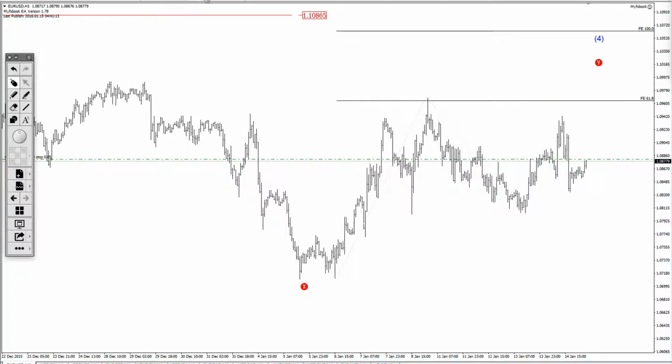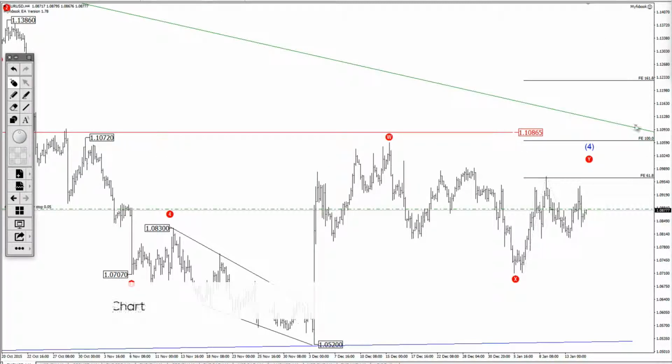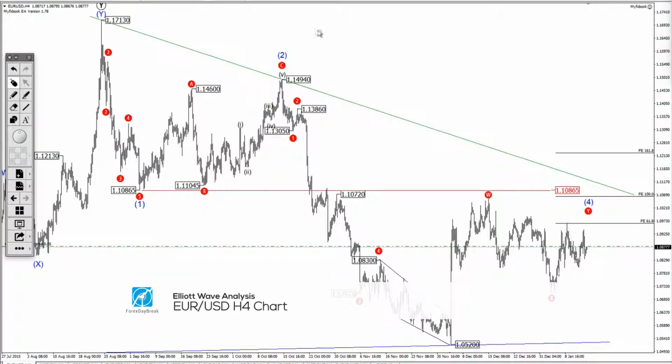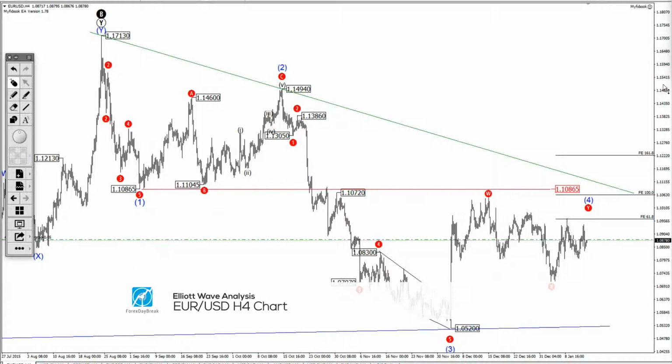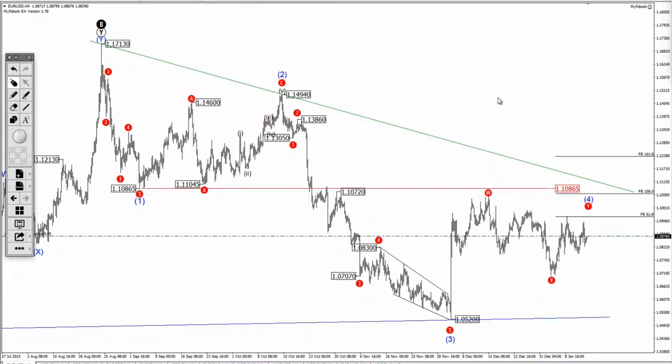Alright, let's go back to the 4-hour chart and zoom out so we can see the whole larger structure, which is quite complex. This has taken quite a long time to form, and the whole structure started from the 117.130 level.